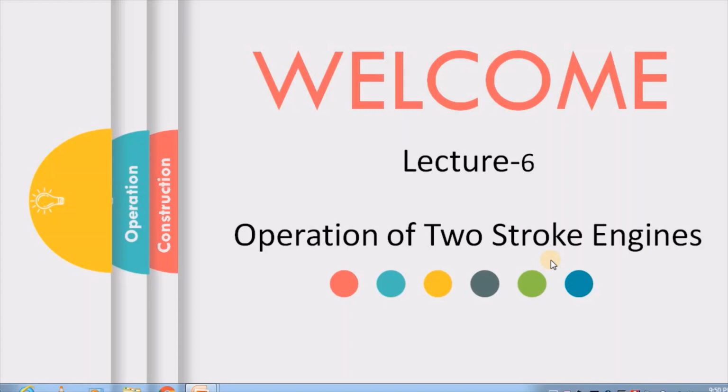We know that one cycle of an IC engine consists of four processes: suction, compression, expansion and exhaust. In a four-stroke engine, since four strokes are available for completion of one cycle, purely one stroke is available for each operation, and therefore the operation of a four-stroke engine is simple compared to that of a two-stroke engine.